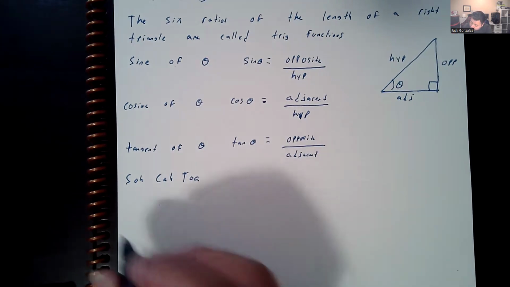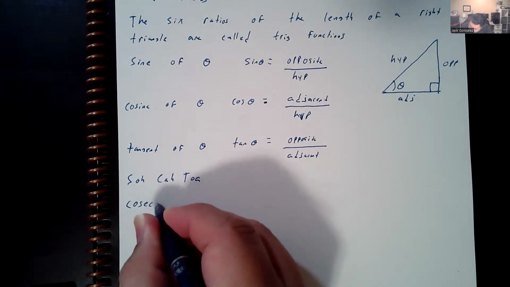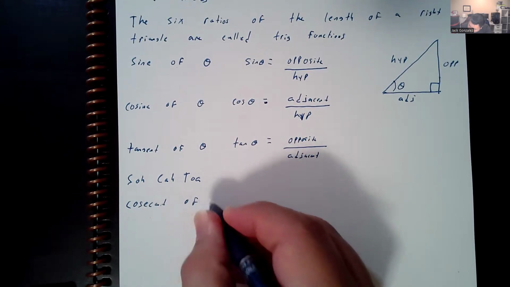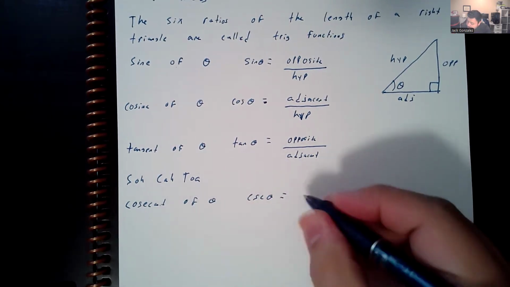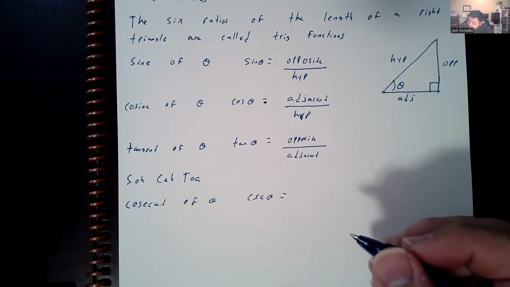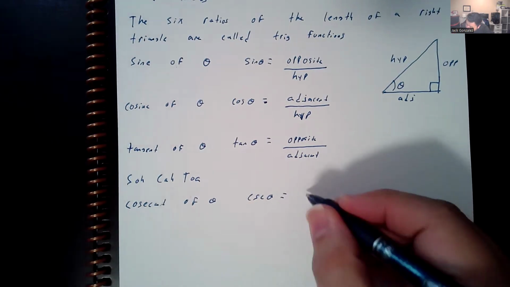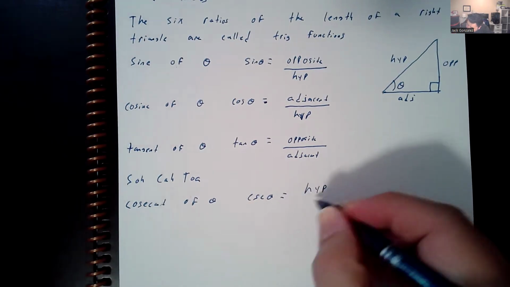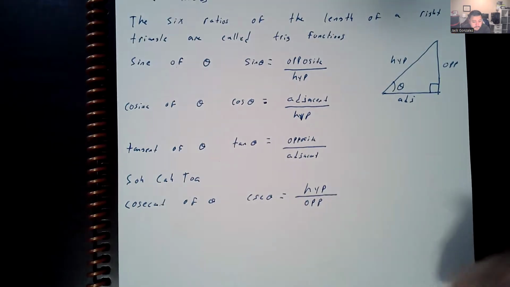So cosecant of theta, written this way, is equal to the reciprocal of sine, so hypotenuse over opposite.